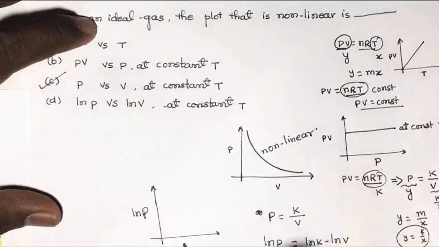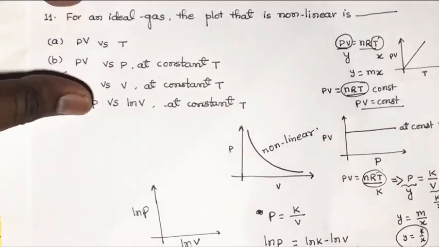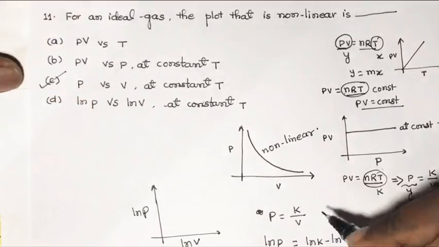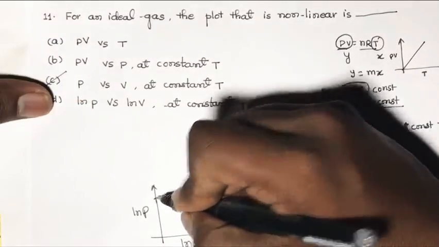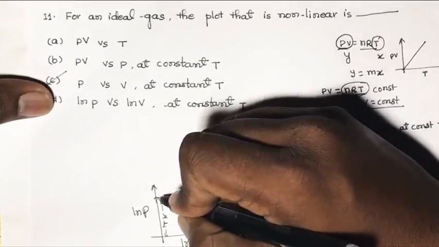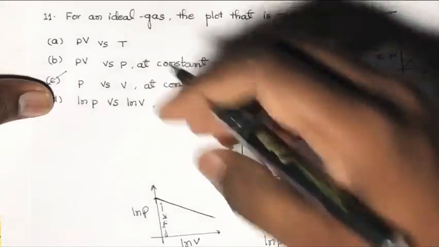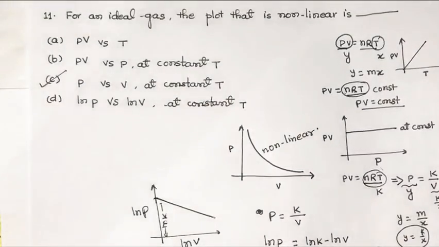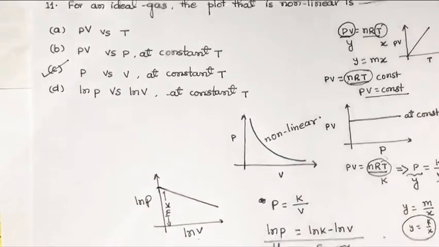Since the slope is negative and this is the intercept, let this be lnK, the intercept from here to there, the graph will be like that. So again this is a linear graph, so the correct option is C here.